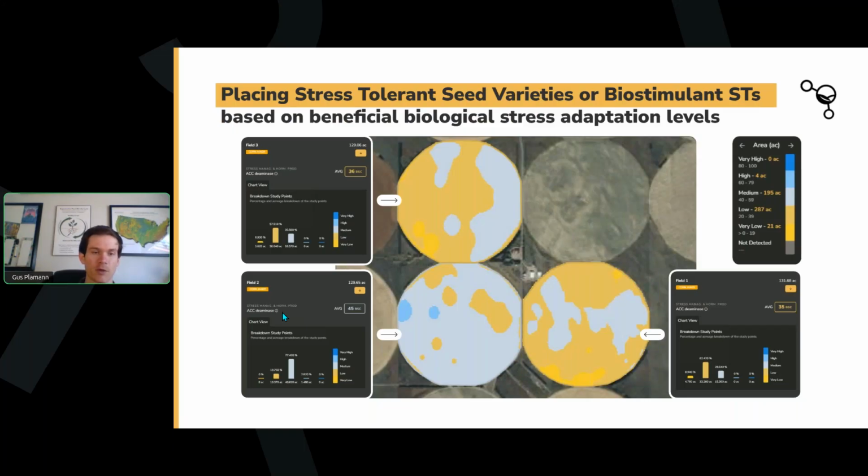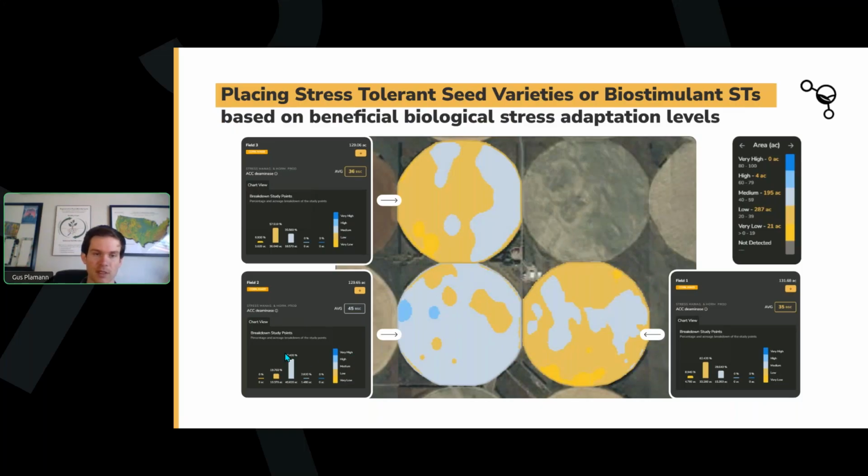And when microbes that can produce ACC deaminase are present at high levels, ACC deaminase essentially helps cushion some of those negative effects of stress. It essentially helps reduce the influence of those stressors on the plant, helps reduce senescence due to excessive dry conditions and soil salinity and things like that. So in this case, field 2 is actually pretty adequate when it comes to ACC deaminase producing microbes.